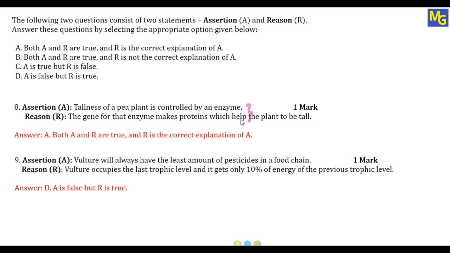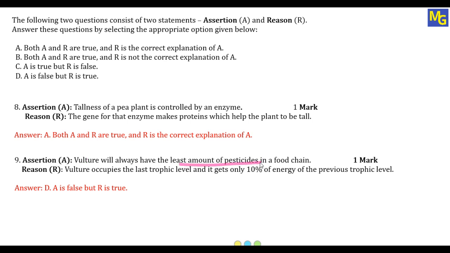Now question number 9. Assertion: vulture will always have least amount of pesticides in a food chain. Vultures are the organisms which eat other organisms, and these are the organisms which will be present on the last level of tropic level. So vultures will always have the least amount of pesticides.